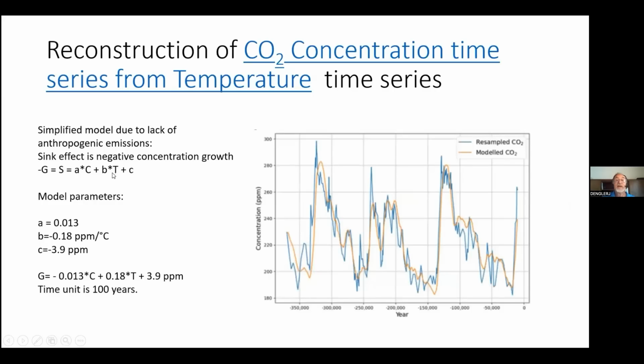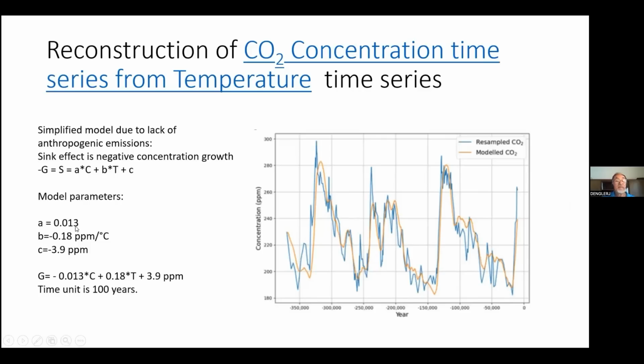And if we apply the same model which we have used for current data, the concentration growth, or the sink effect, because there are no anthropogenic emissions, it's only minus G, the sink effect, and we model that again with our linear model in concentration and temperature.